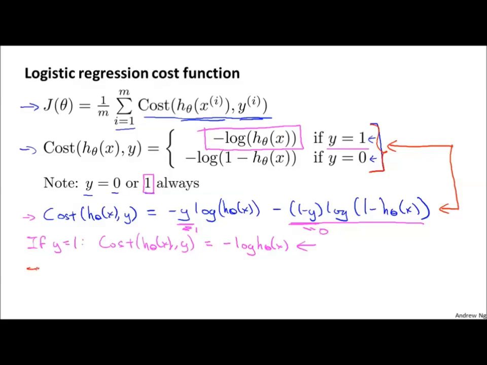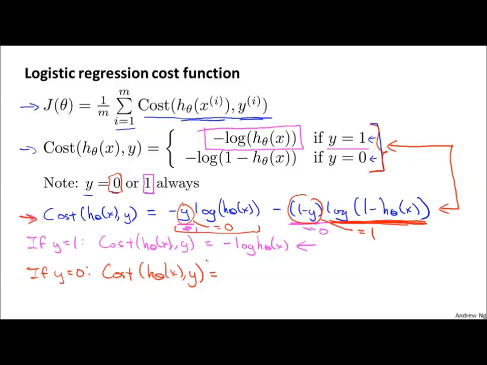The other case is if y is equal to 0. In that case, the first term is equal to 0, whereas 1 minus y becomes 1 minus 0, which is just equal to 1. And so the cost function simplifies to just this last term, because the first term gets multiplied by 0 and disappears.